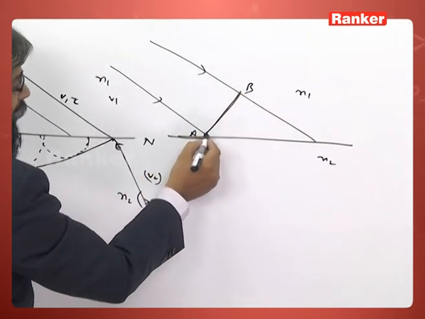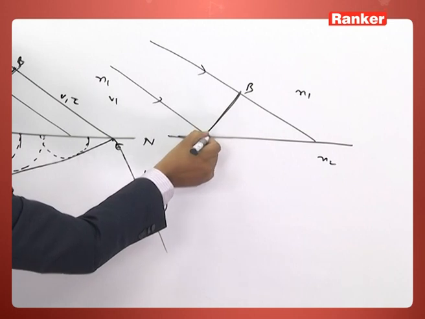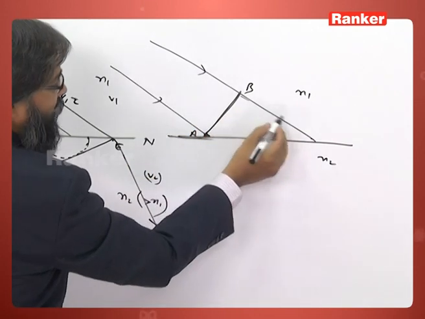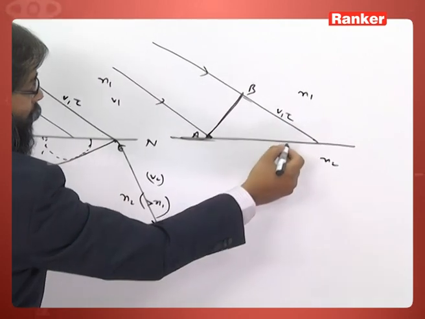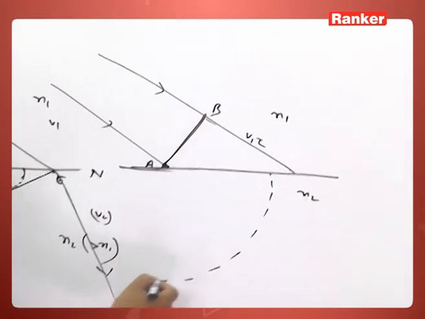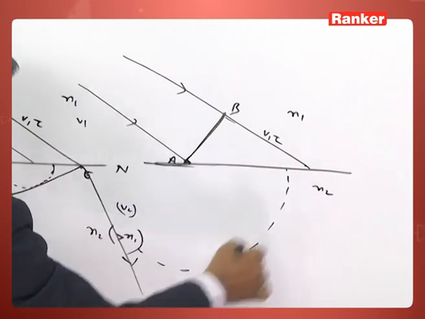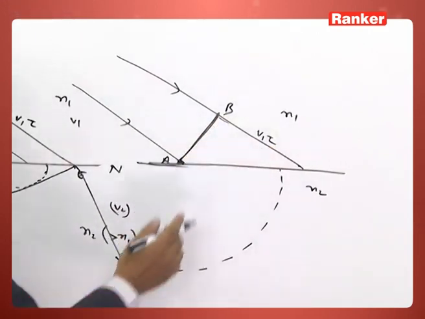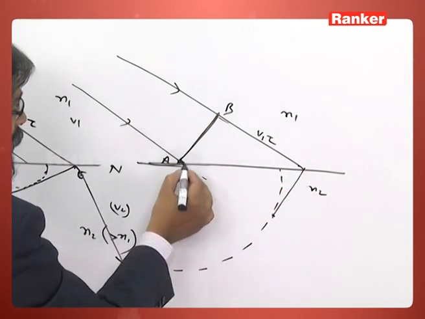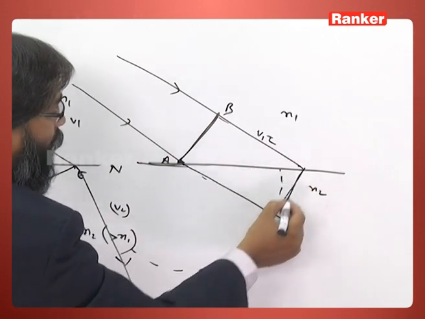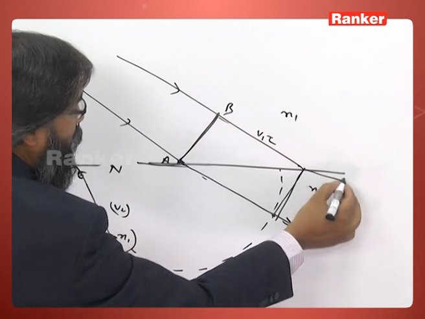When A first reaches the surface and B reaches here, this is V1 tau. The radius of this will be greater than this. So what will happen, if you draw the tangent, it will be here, this will be the wavefront, and the ray will go like this.